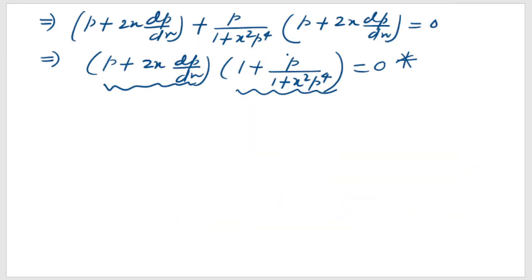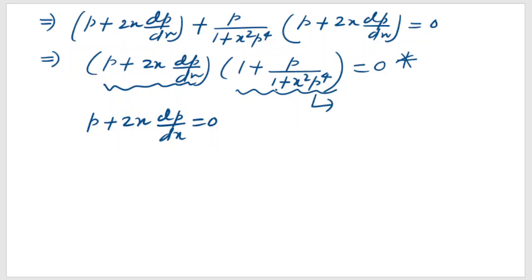Now you may ask me, what about this? What can we do for this? We just ignore this. So after this step, what will be written? It will be written that p plus 2x dp by dx is equal to 0. Now you may ask me, sir, what about this? It can also be considered to be 0.